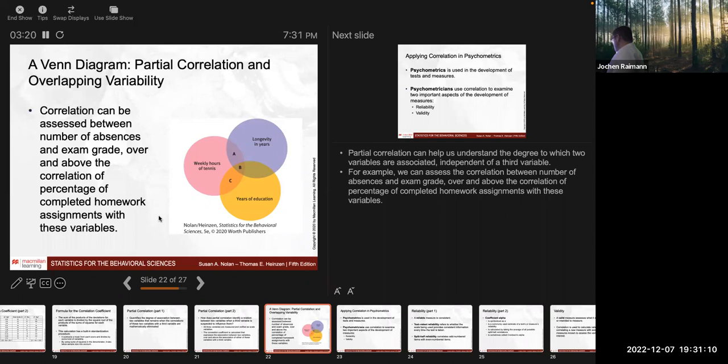This is displayed here in the so-called Venn diagram, where you have a certain estimate of longevity in years, the second variable weekly hours of tennis, and the third variable years of education. They intersect at some level, where you have common ground for these variables, and they're correlated. Only when they come together do you get a true estimate.